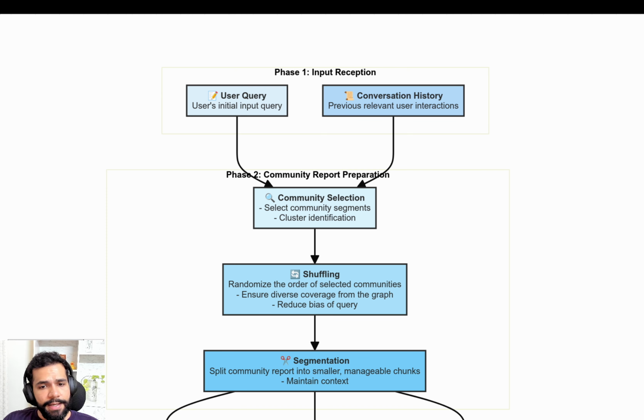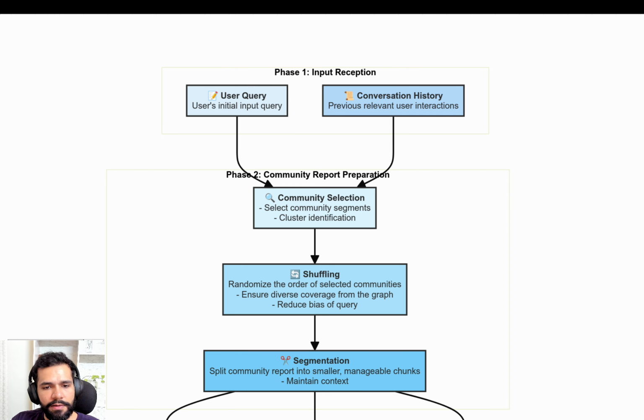So it starts with a user query. You can also have conversation history if it's available. The very first step is community selection, as we said, the cluster identification and community segments.